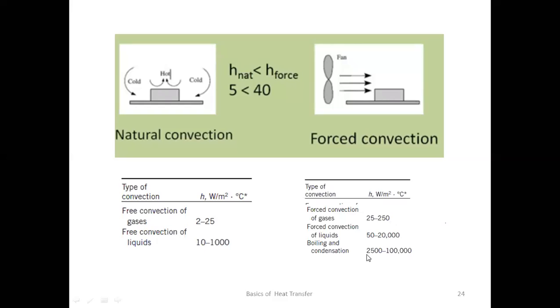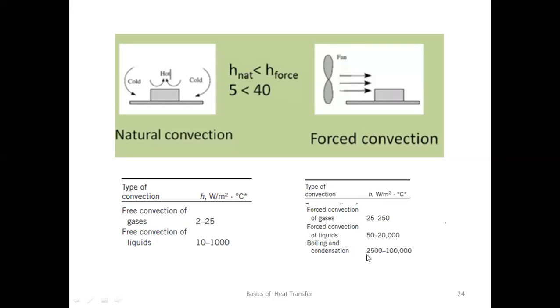Anybody from you? I have to just see. Read out for myself. 2,500 to 1 lakh. See, for boiling and condensation, the maximum value is 1 lakh.